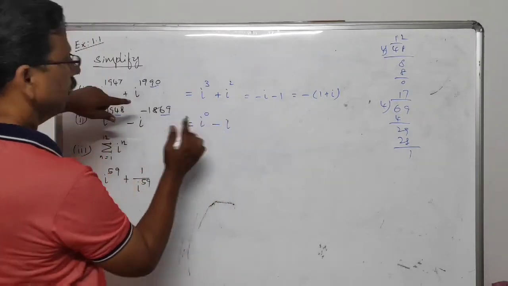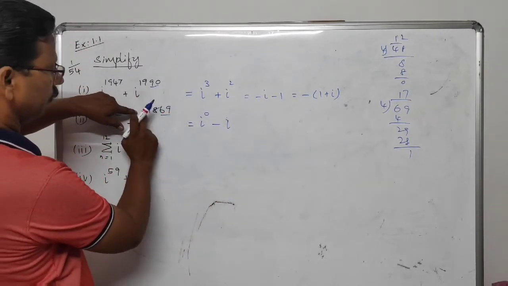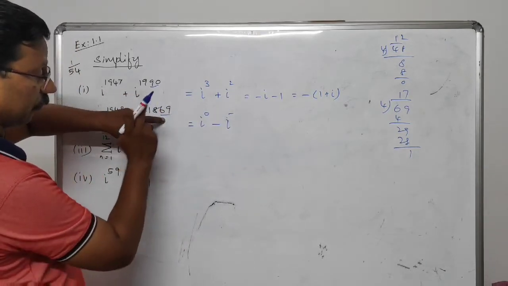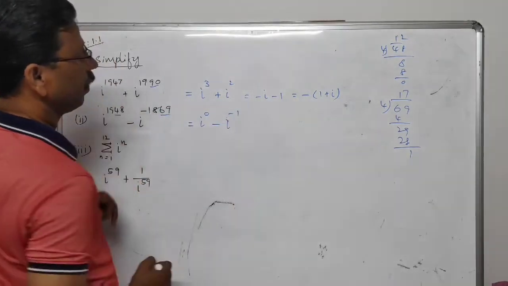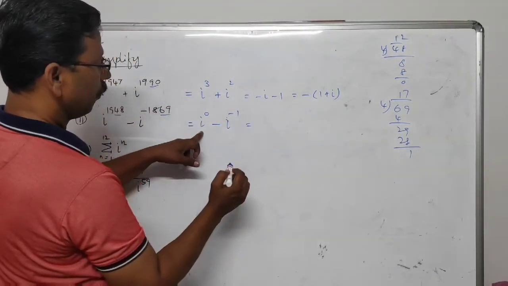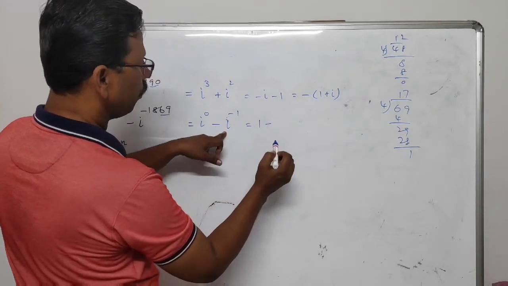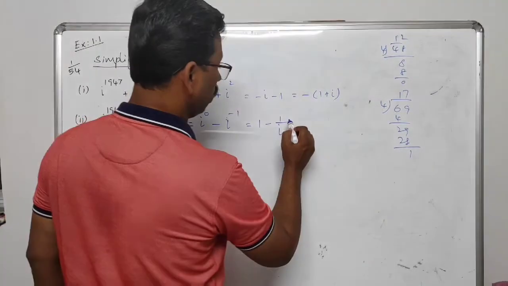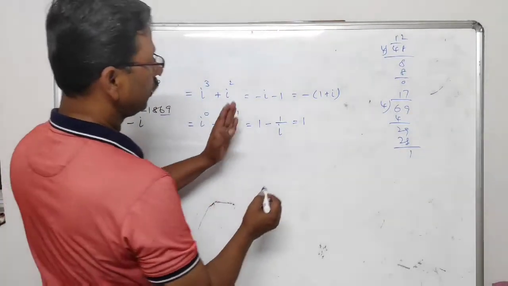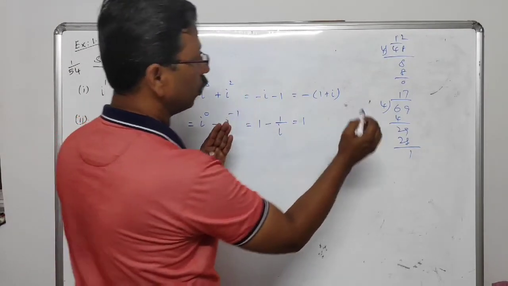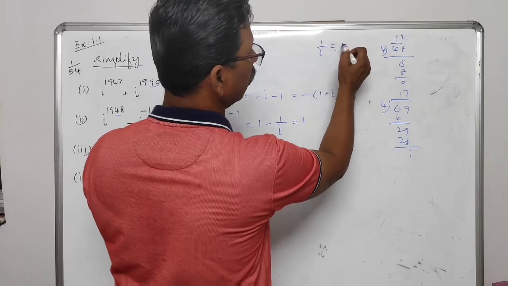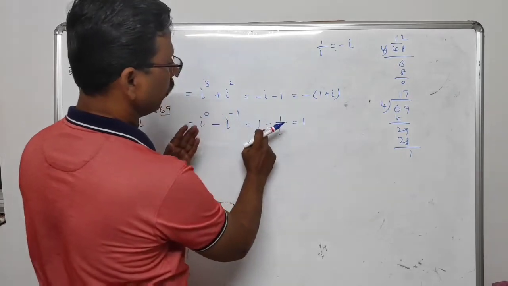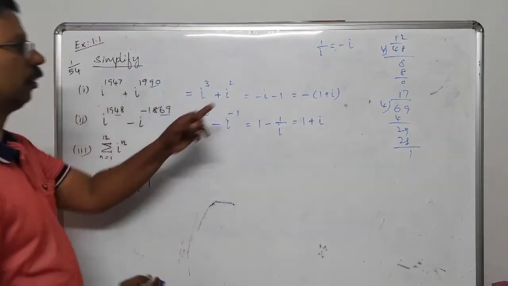Since this is minus i power 1969, you write i power minus 1, which is minus 1 by i. I already told you 1 by i value is equal to minus i. Minus of minus is plus. Therefore, this value is equal to 1 plus i.